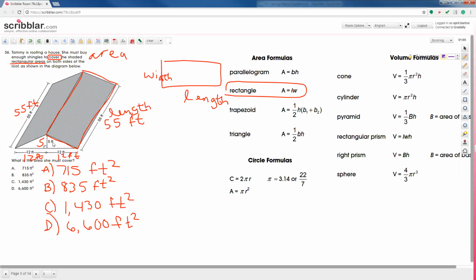On our picture, the width goes from here to here, that I've highlighted in purple. The only numbers they gave us are the 5 to the left and the 12 on the bottom, but neither of those are the width.